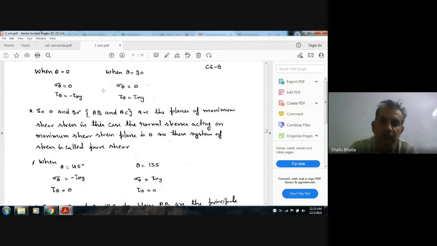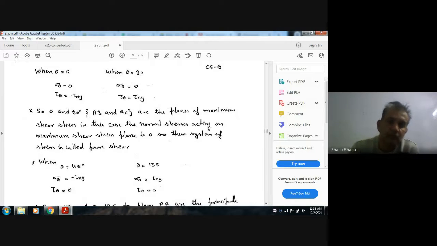Why? Because nowhere in the system will any shear stress exceed these values. So these are the planes of maximum and minimum shear stress, and these are also the values of maximum and minimum shear stress.